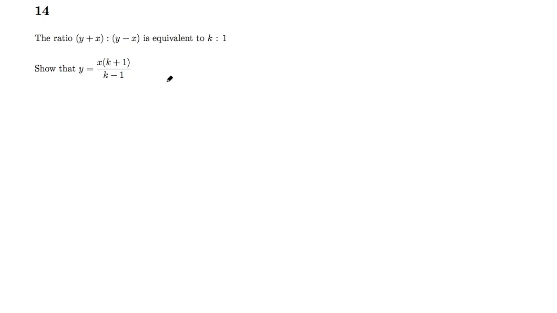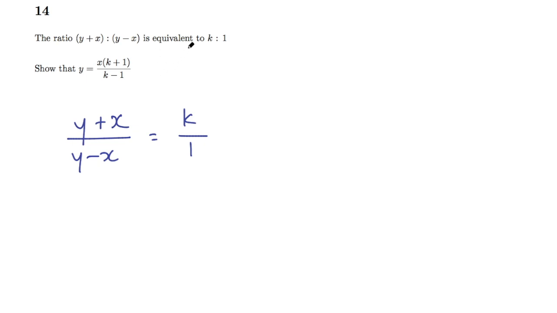The starting point here is to realize that ratios can be written as fractions. So we can actually say that y plus x over y minus x is equal to k over 1. And I feel confident that as long as people are getting that first step, they can solve this question.